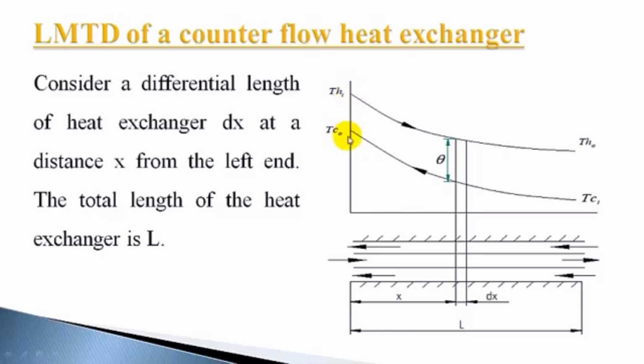Whereas for a parallel flow heat exchanger it was Thi minus Tci, because the cold fluid was entering at the same side. For a counterflow heat exchanger it is Thi minus Tc0, and theta naught at the exit, at the outlet, is Th0 minus Tci.